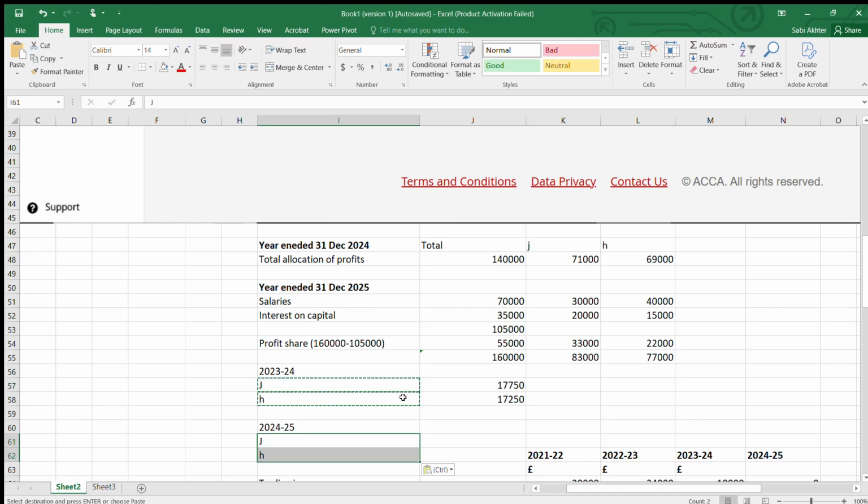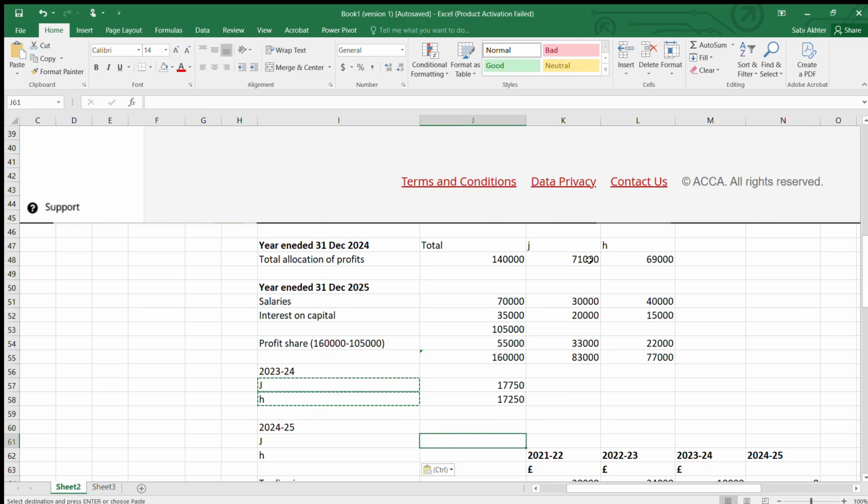Here, remember, there are two periods. One runs from 6th April 24 to 31st December 2024. So you have to take 9 months of this and the 3 months from this. You understanding? For this tax year.